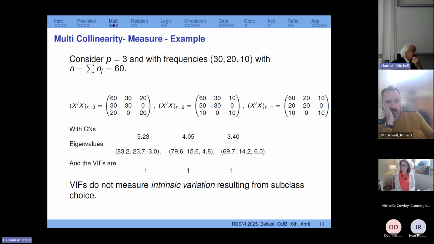So large VIFs, as they're referred to, are bad, but the VIFs are constant here. It doesn't matter what the values are, they're constant. So they don't measure the intrinsic variation associated with changing the reference subclass. Okay, that's something to note too.